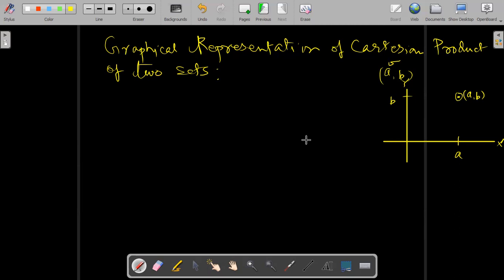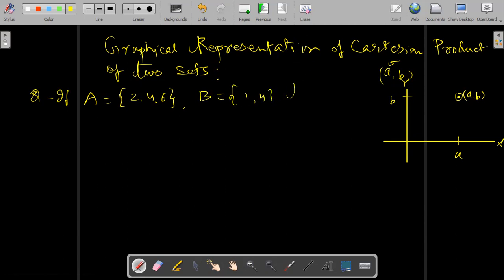Sometimes they ask to represent the Cartesian product graphically and show that A cross B is not equal to B cross A, so I'll take one question. Suppose A is a set of elements 2, 4 and 6, and B is a set of elements 1, 4.